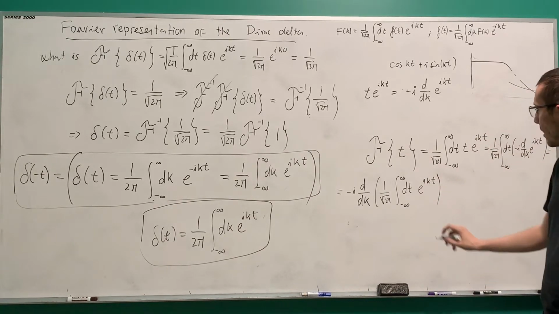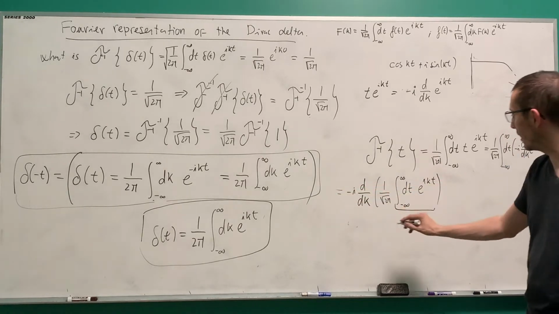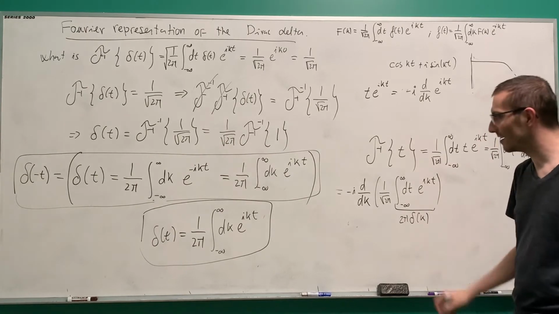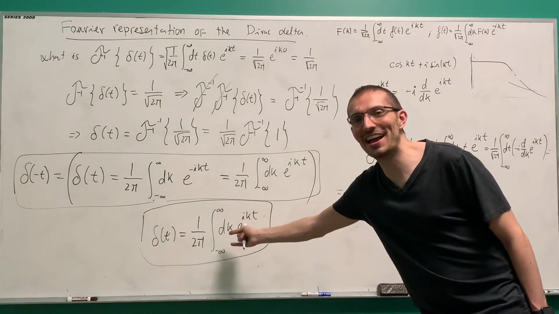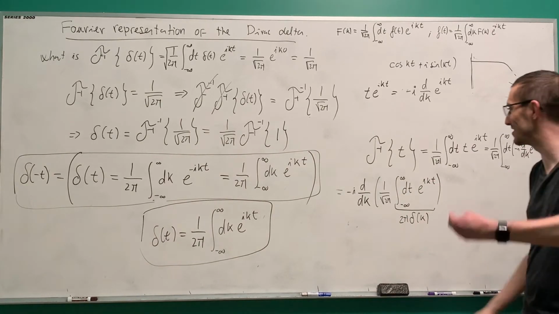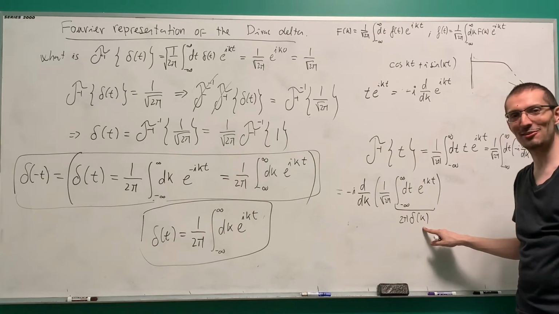Oh, nice. What is this guy? Well, this guy is literally 2 pi delta of k, you see? The k and the t are swapped here, which is fine. It's a dummy variable, and the other is the variable that this thing depends on. So this is 2 pi delta of k, you see?